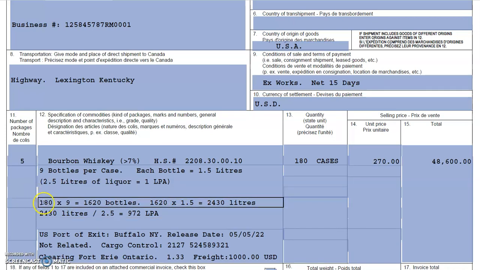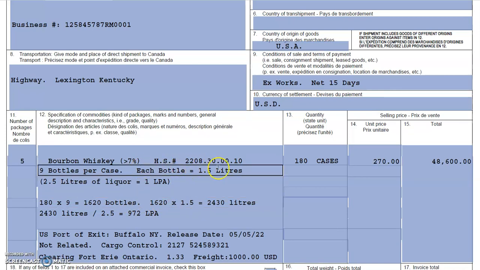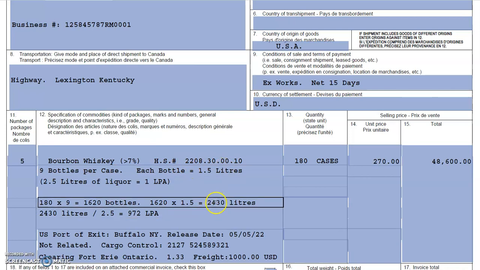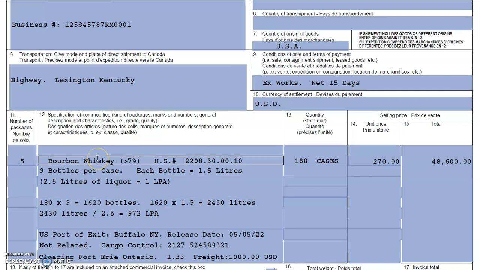We've got 180 cases times 9 bottles per case, which means we have 1,620 bottles. That 1,620 bottles times 1.5 liters each means we have 2,430 liters of bourbon whiskey.